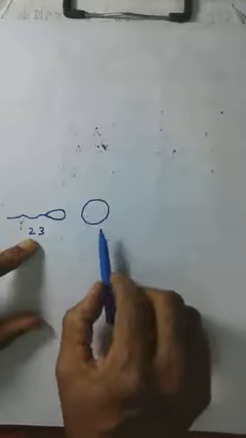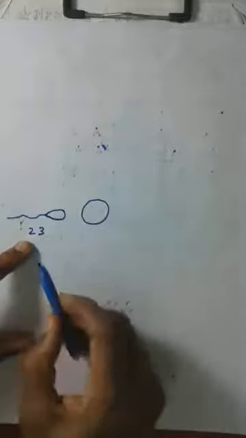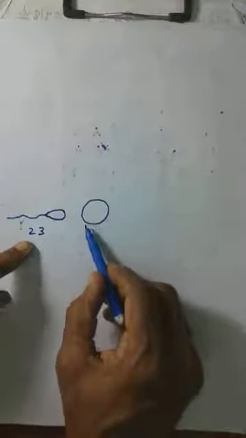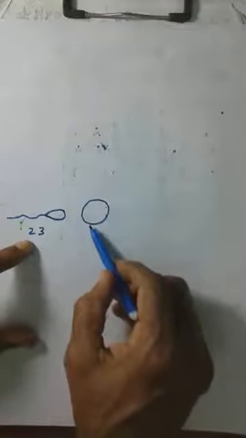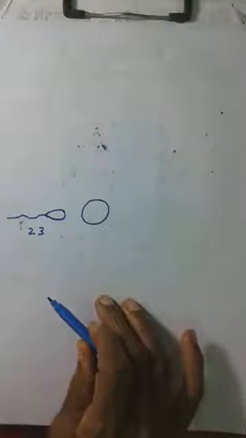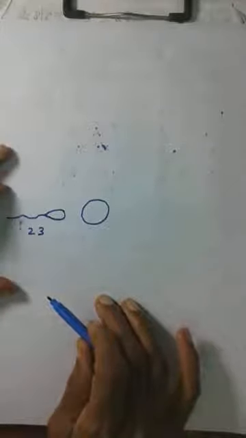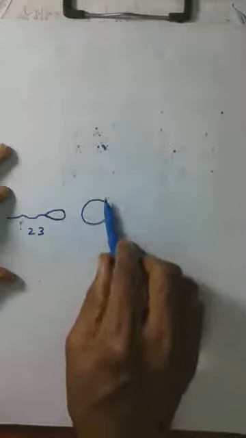Normally the ovum also should have 23 chromosomes, but in this case it is an abnormal, empty ovum without nucleus, that means without any chromosomes.